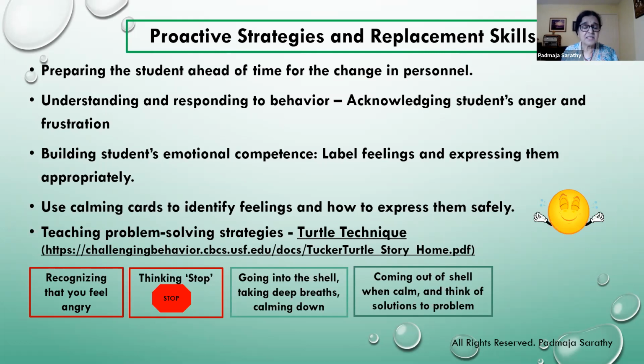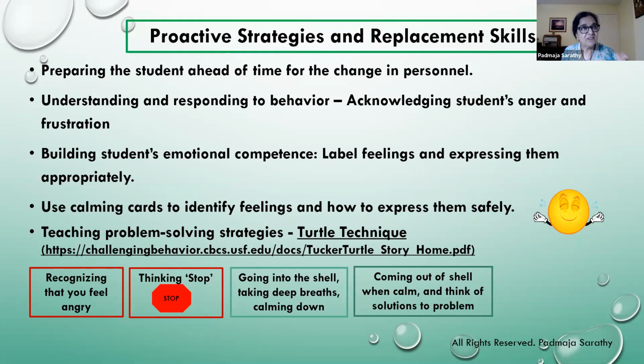And the other technique this child, or a child of this nature, will benefit from is what is called the turtle technique. And you will find the pictures on the website, Challenging Behavior, at the National Center for Pyramid Model Innovation.